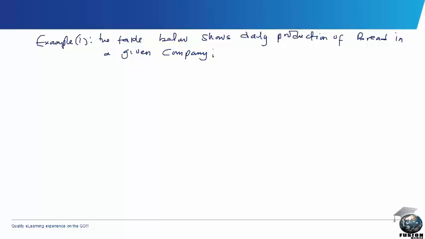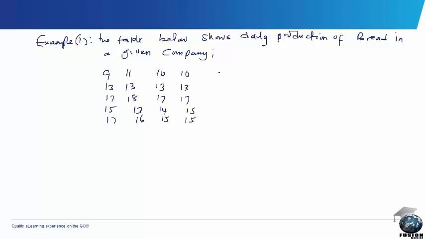The data has given us 9, 13, 17, 15, 17, and then 11, 13, 18, 13, 16, and then 10, 13, 17, 14, 15. And this side we have 10, 13, 17, 15, and 15. We have data of this form.